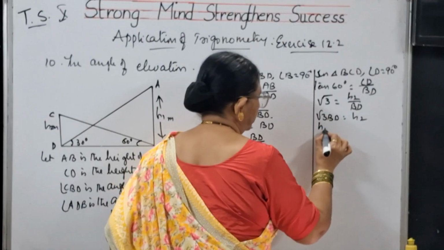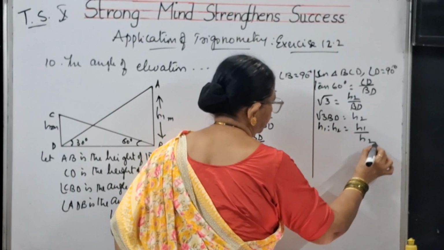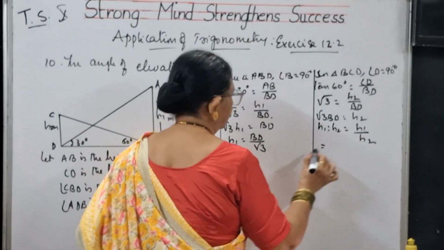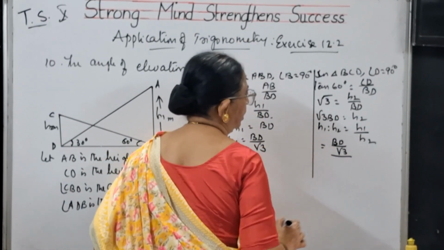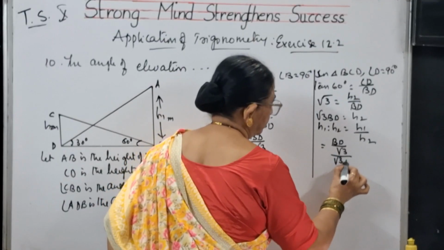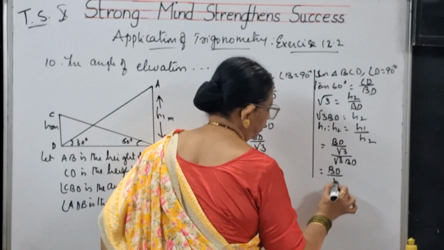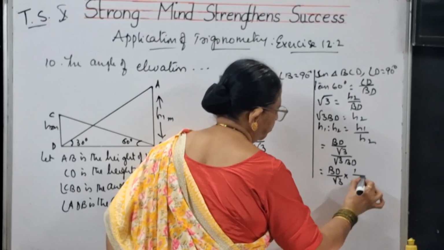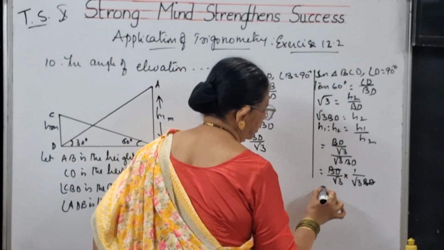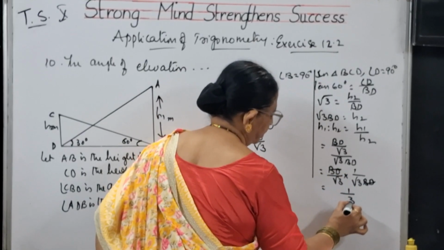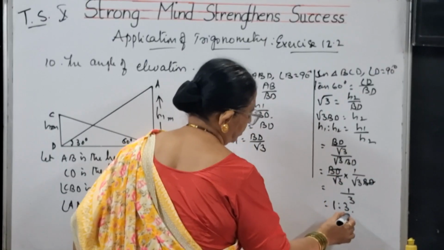So H1 is to H2 is equal to H1 by H2. So what is H1? BD by root 3 by H2 is root 3 BD. That means BD by root 3 into 1 by root 3 BD. BD will get cancelled, 1 by 3. That is equal to 1 is to 3.